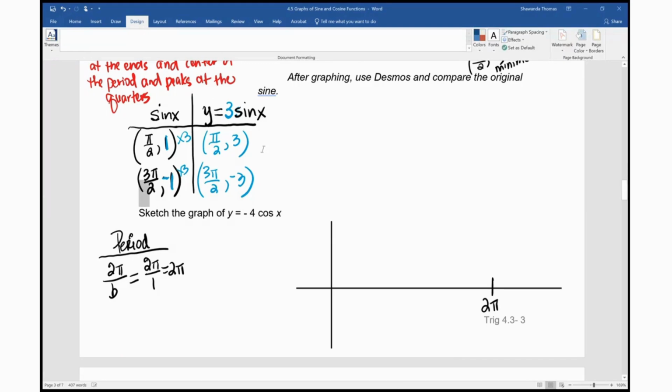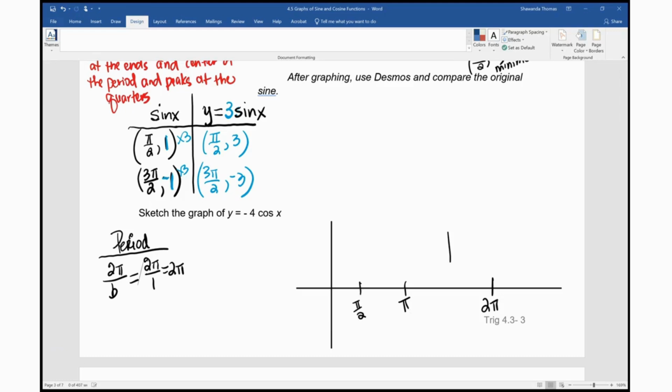So we got 2 pi. If we have 2 pi, cut it in half, we get what? Pi. Half of that is pi over 2.